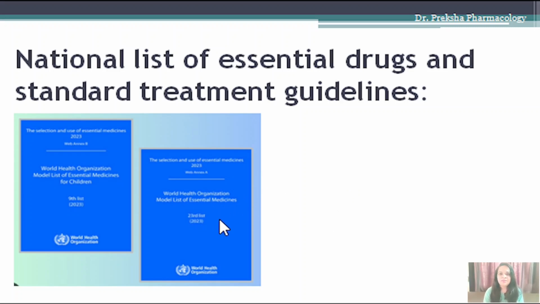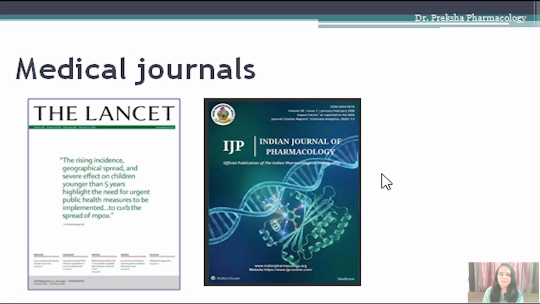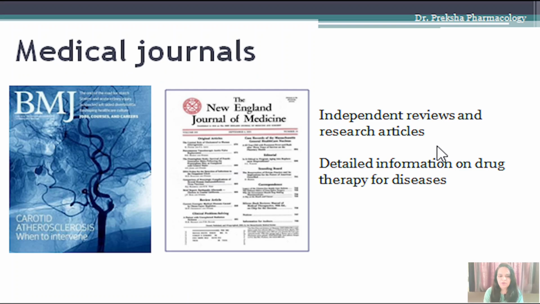From this source, each country develops its own national essential medicines list and also develops certain standard treatment guidelines. Now coming to the medical journals, for example, The Lancet, then the Indian Journal of Pharmacology, British Medical Journal, New England Journal of Medicine.